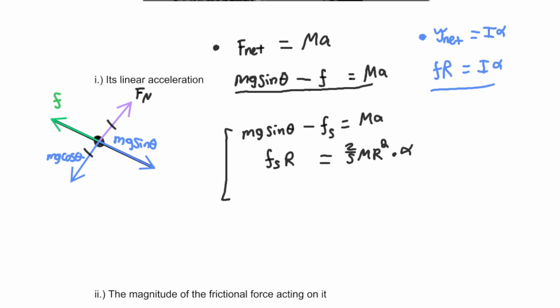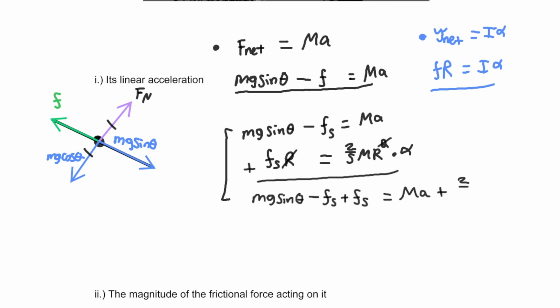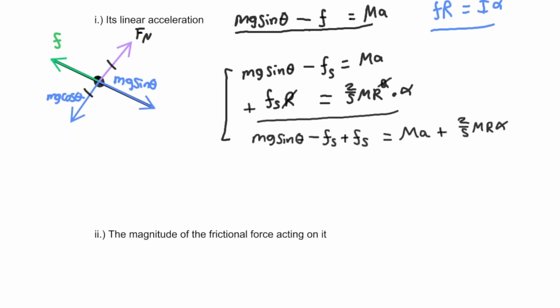If we divide by r first, let's cancel one of these, and then we add, we get mg sine theta minus static friction plus static friction equals ma plus 2/5 m times r times alpha. Notice the frictions do cancel.